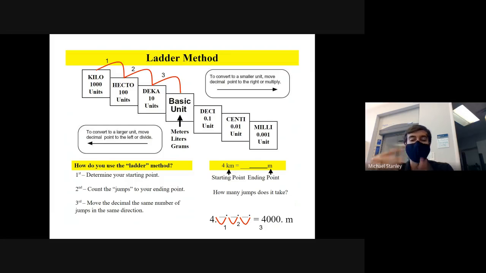All right, so everybody feels kind of sort of okay with the ladder method so far. All right, well, let me show you guys some more examples, and then I'll have you guys do some examples with me just to make sure that we're all good to go.